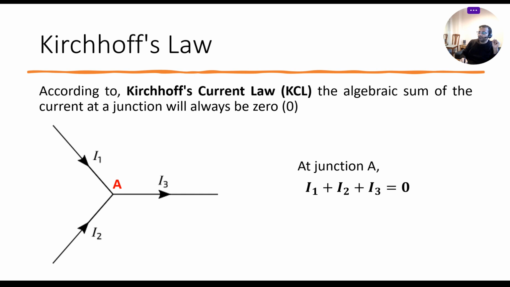Now, the second Kirchhoff law is your current law, Kirchhoff current law, or in short, we call it KCL. So it says the algebraic sum of the current at a junction will always be zero, right? So we have a junction here, A. So it says that the algebraic sum of all the currents flowing at a junction will be zero.